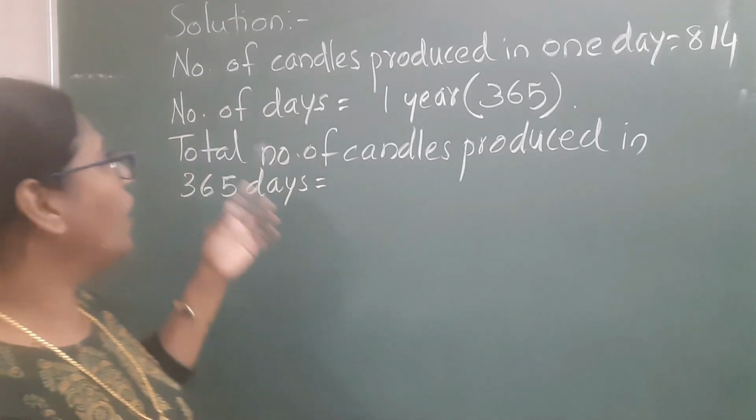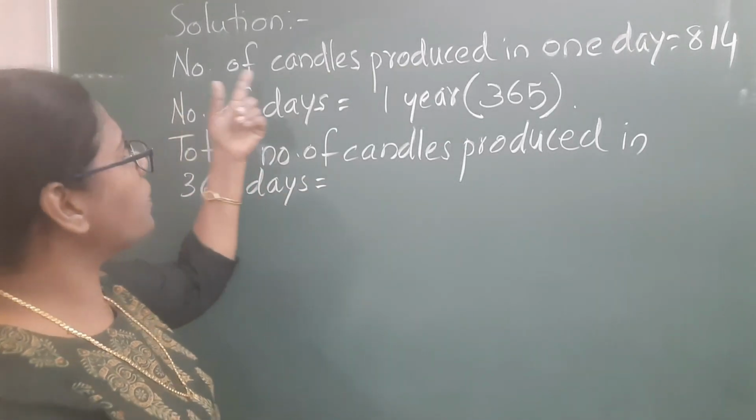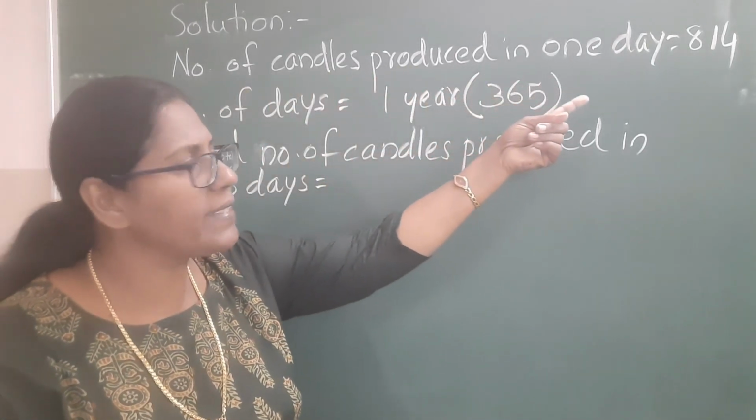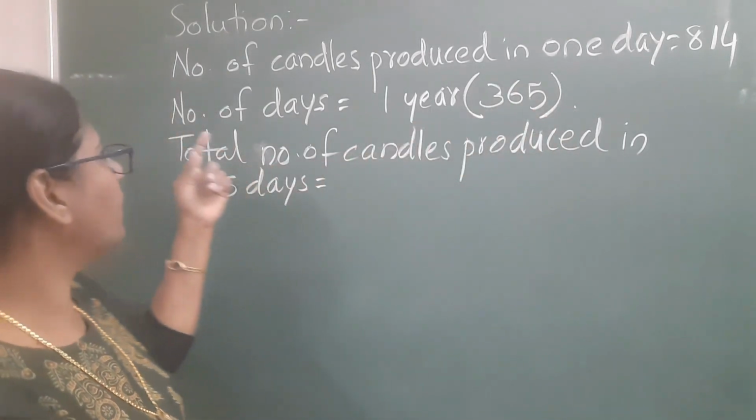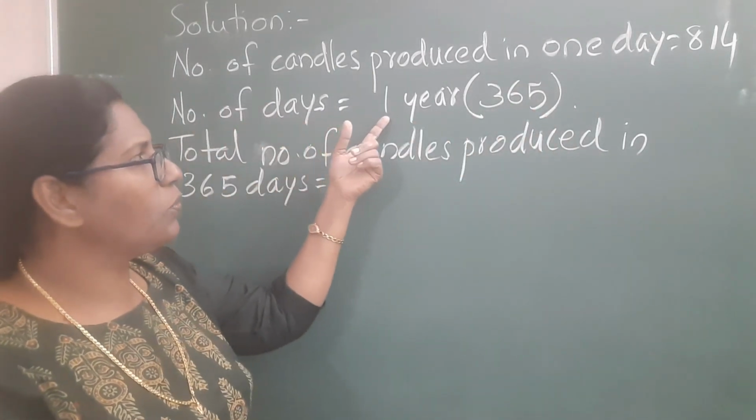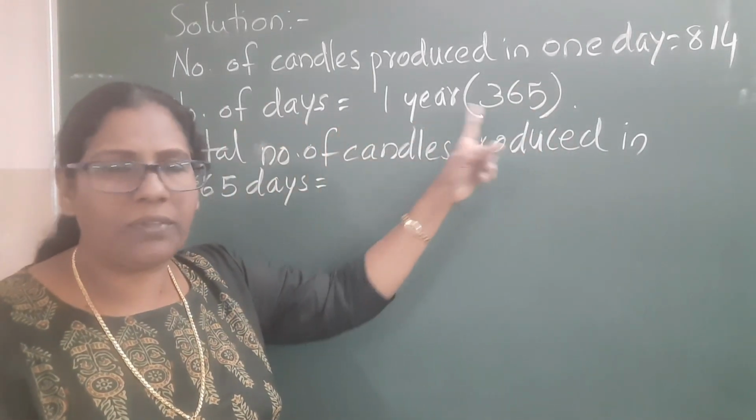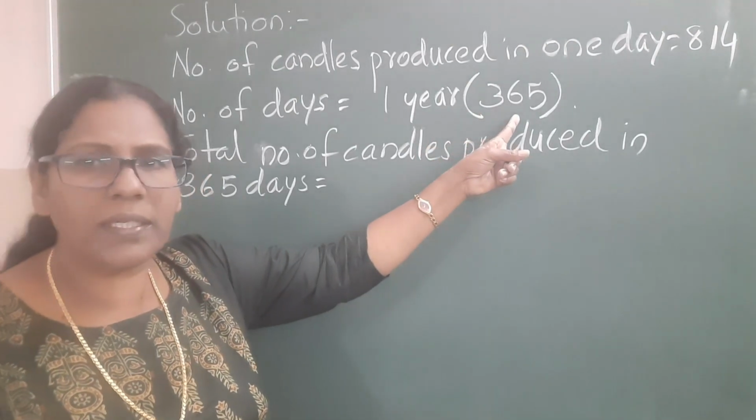So we have to write this solution. Number of candles produced in 1 day is equal to 814. Number of days is equal to 365, that is 1 year is equal to 365 days.